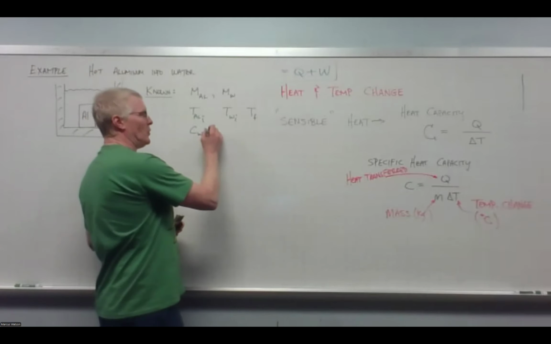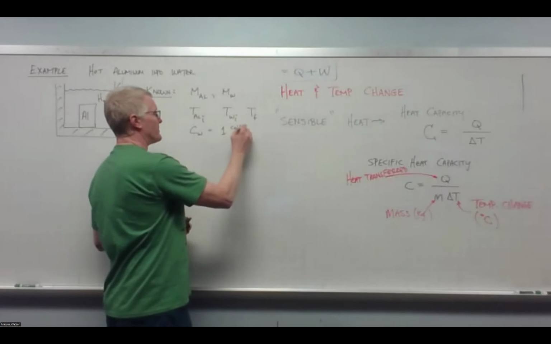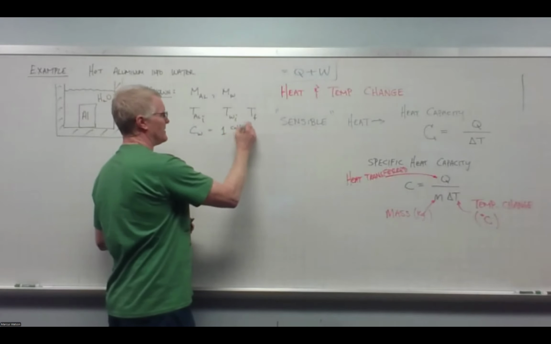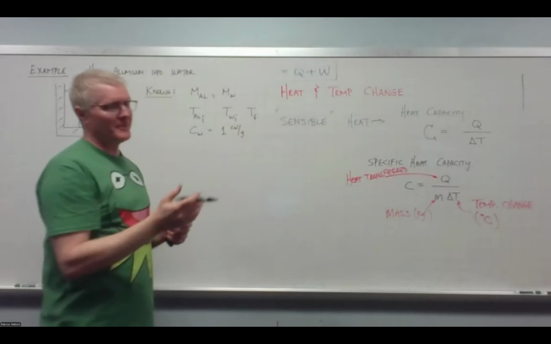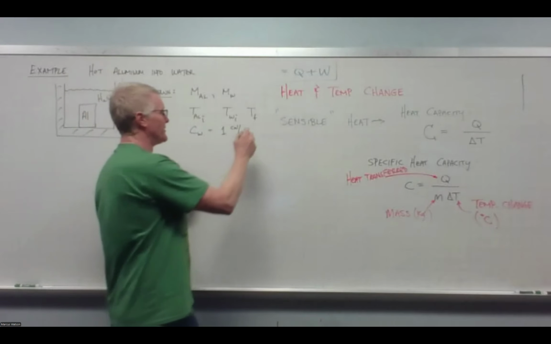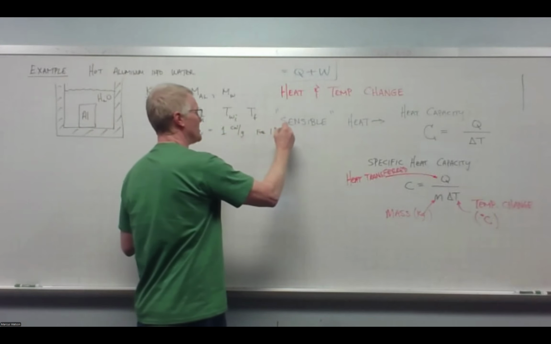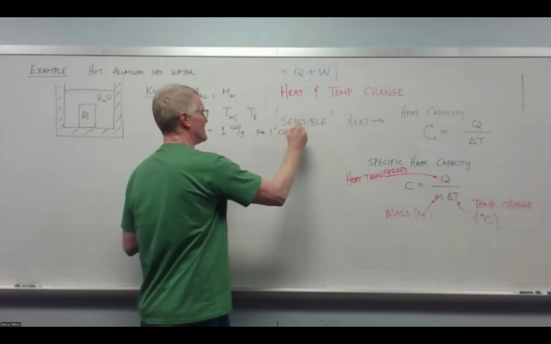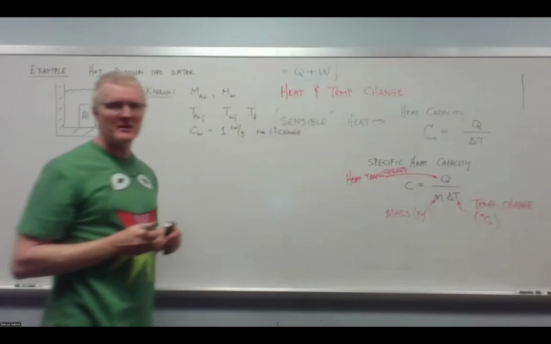So the specific heat of water was 1 calorie per gram, per 1 degree, in order to raise the temperature by 1 degree. Or a 1 degree centigrade change.